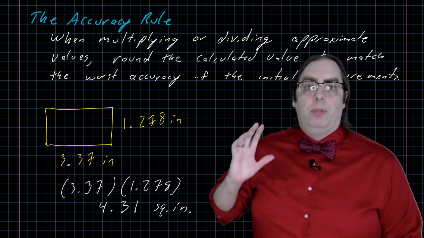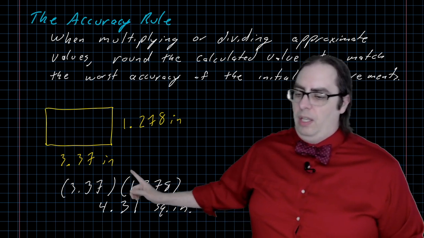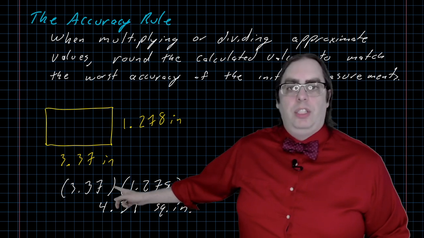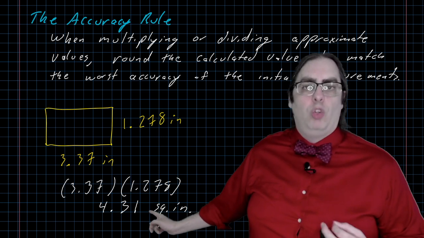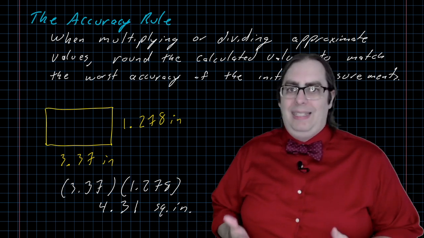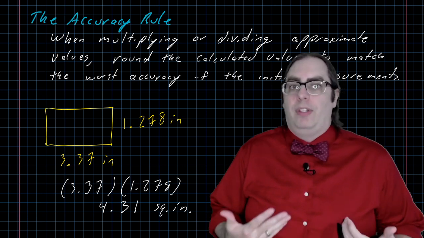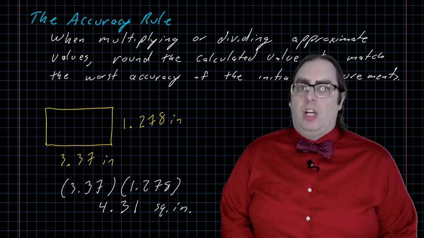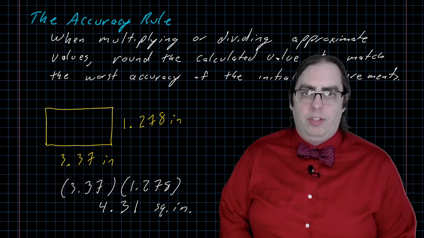But matching the precision is nonsense in a case like this, right? This is the nearest hundredth of an inch. This is the nearest hundredth of a square inch. An inch and a square inch are not the same measurement. They're not measuring the same kind of thing. Talking about precision in terms of one or the other is, well, frankly, nonsense.